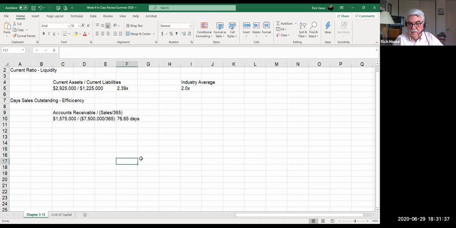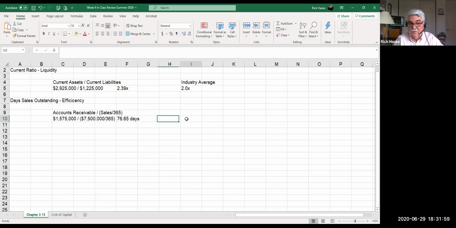Now, if any of you are working in companies or working in accounts receivable or working in treasury operations of a business, that ain't good, because a lot of your payables and your payments are due on a 30-day basis, and it's taking you 76 days to collect the money based on this calculation.